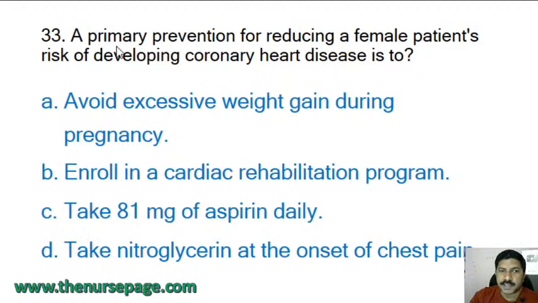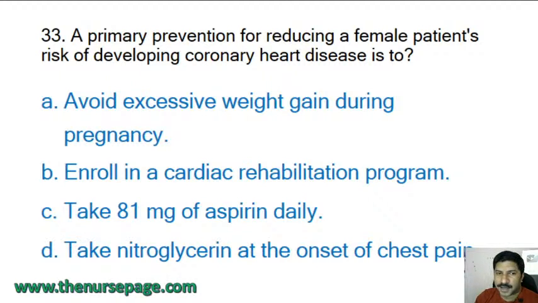Next question. The primary prevention for reducing a female patient's risk for developing coronary heart disease is to: avoid excessive weight gain during pregnancy, enroll in a cardiac rehabilitation program, take 81 mg of aspirin daily, or take nitroglycerin at the onset of chest pain.